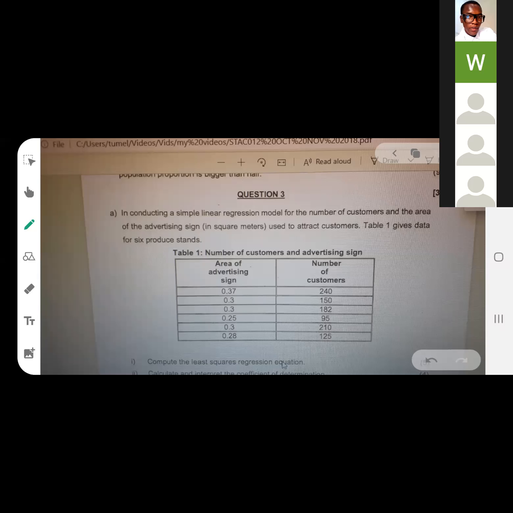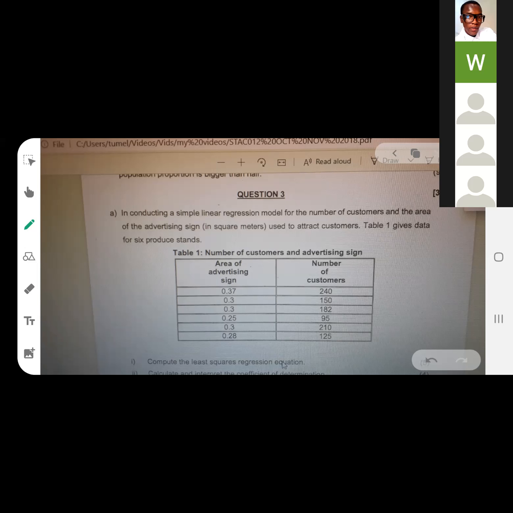So now, by looking at that information that is given to us there, which one do you think is independent? Between the area of advertising sign and the number of customers, which one is independent? Yes, the area of advertising sign.